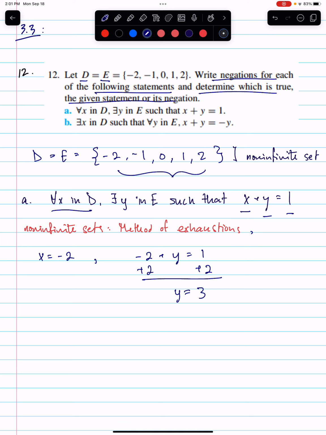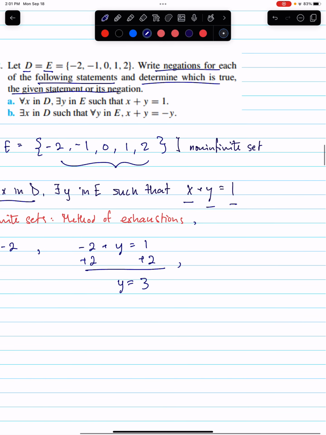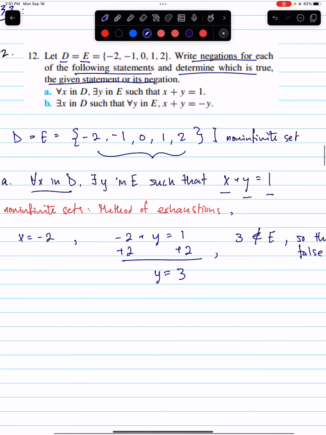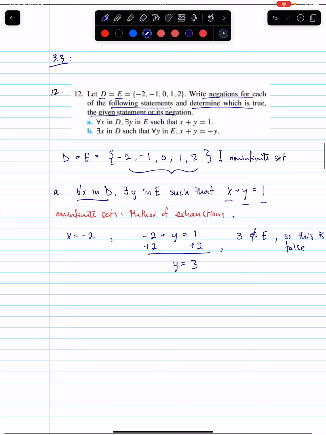We don't have a 3 in here. So 3 is not an element of E, so this is false, right? We already know this is false, but let's get its negation.